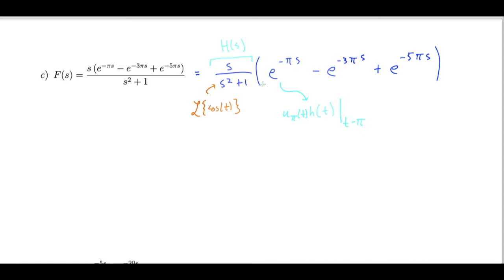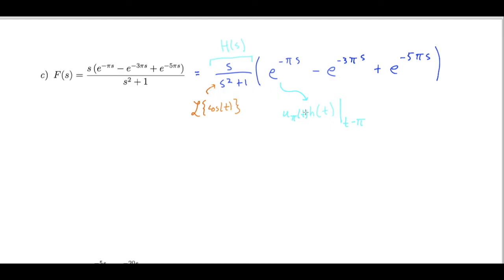And then this exponential has a coefficient in the exponent of pi. So I know that that inverse transform must be evaluated at t minus pi. And then I must hit that with a u sub pi of t to turn that function on at the appropriate time. So I'm actually not going to do any more modification with my original capital F here.